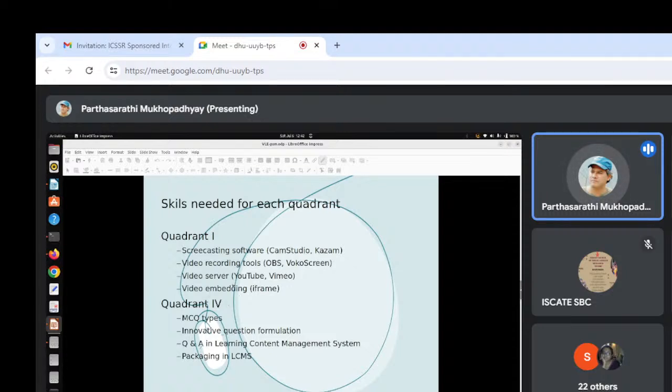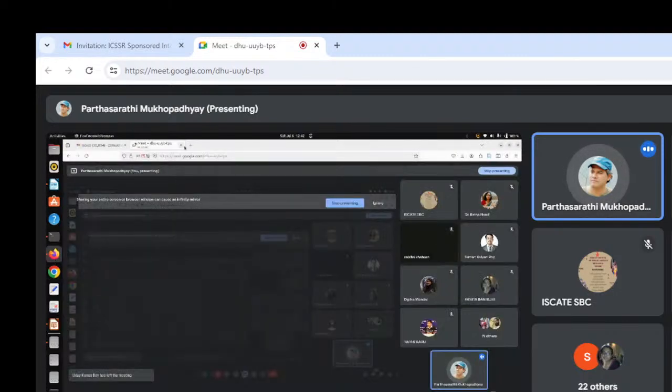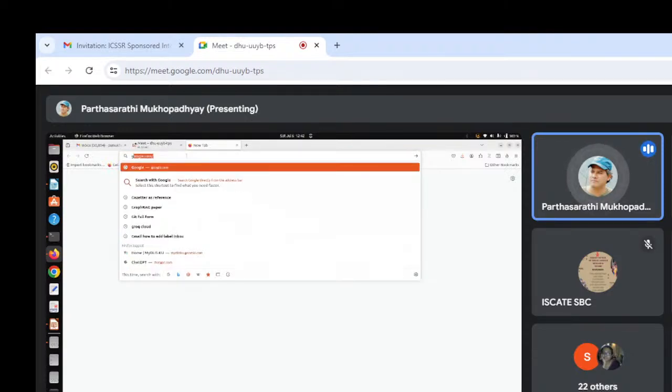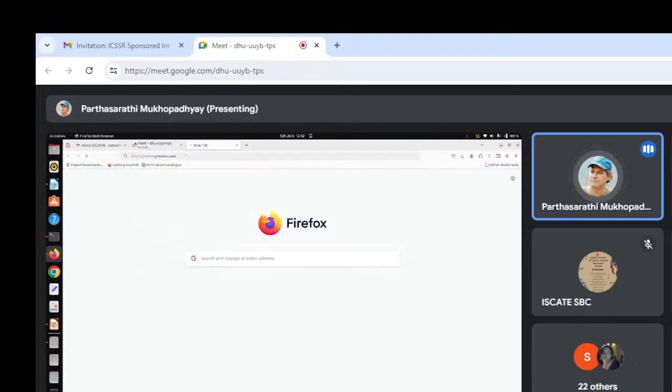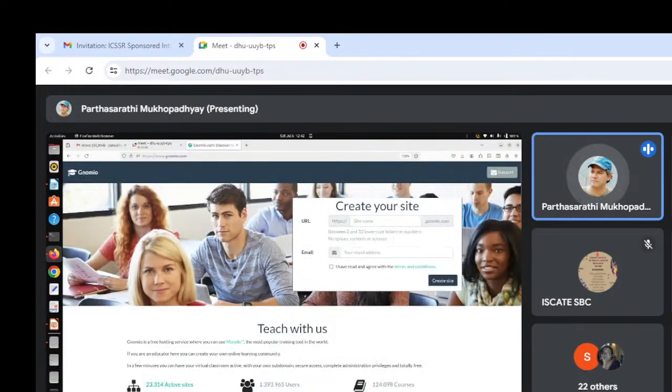And then I can finally embed my video in my system, and quadrant 4 is always the examination. So now you see how you can build an e-learning system completely free of cost by using this mechanism. There is a portal called genomio.com. Right from the COVID time, they provide a very simple process of installing Moodle.